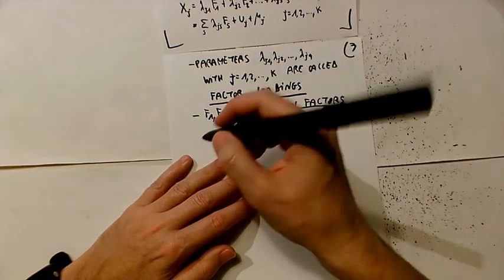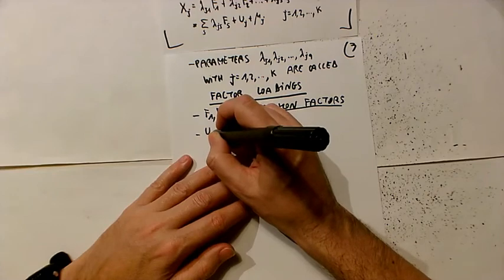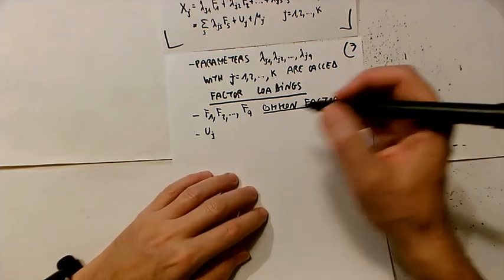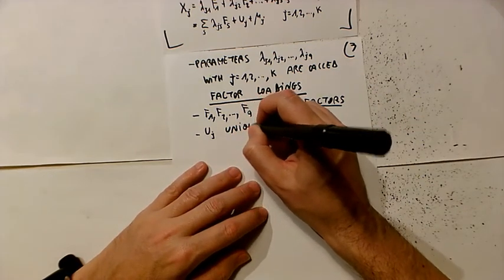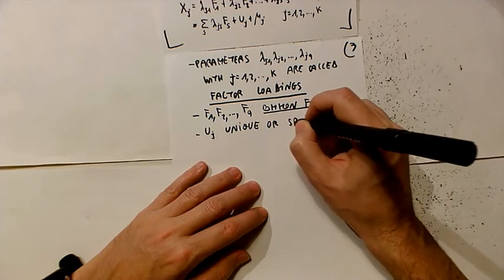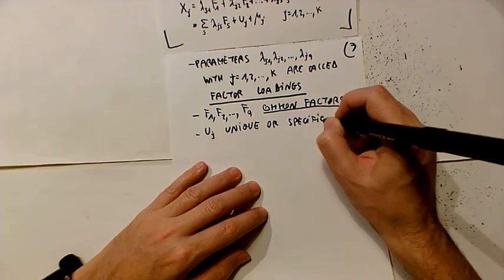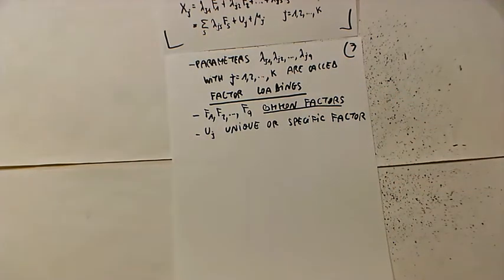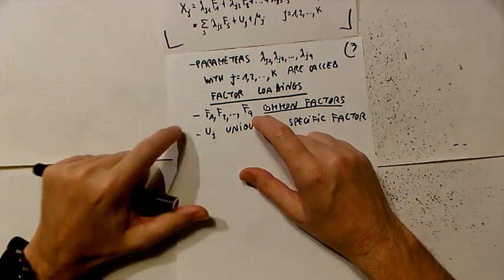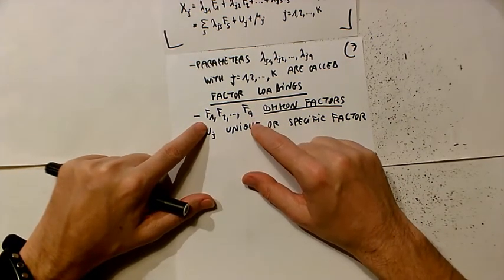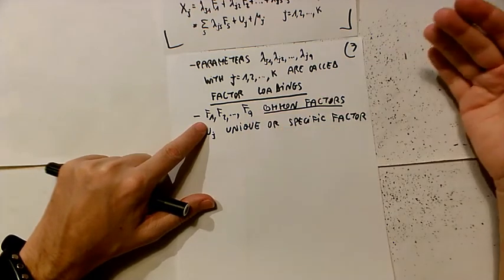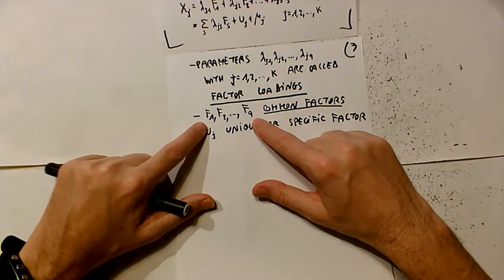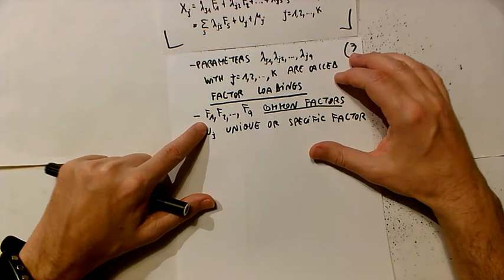uj, the variable that takes the role of the error in the model, is called unique or specific factor. f1, f2, fq are the real factors of our model, the new variables that we have to find out that must replace the original response variables.